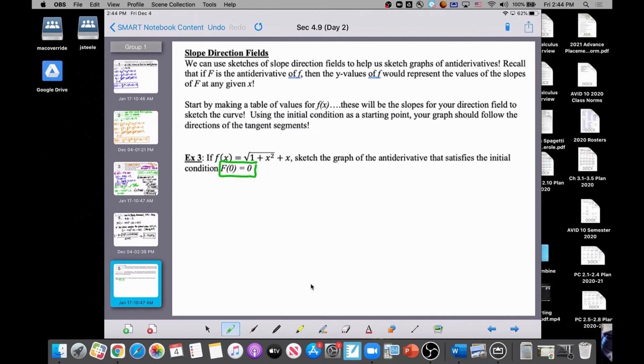So basically, what we need to know is a table of values for this function f of x. So the first thing that I'm going to do is build a table of values for x and f of x. And I want to make a fairly big table because I want a lot of slopes so that I have a more accurate picture of what my graph should look like. So I'm probably going to do x values from -5 all the way up to +5.